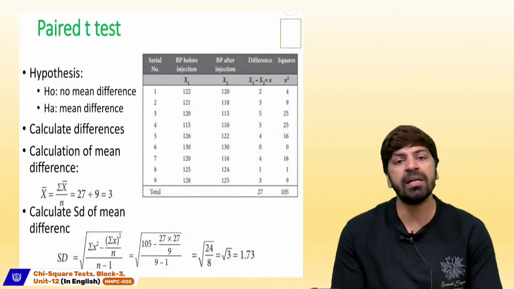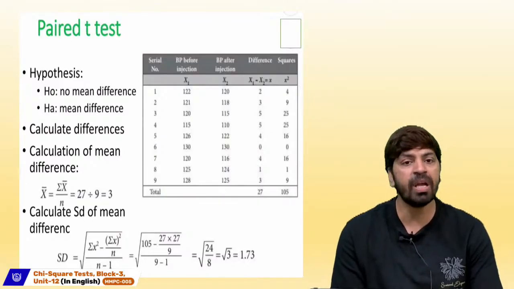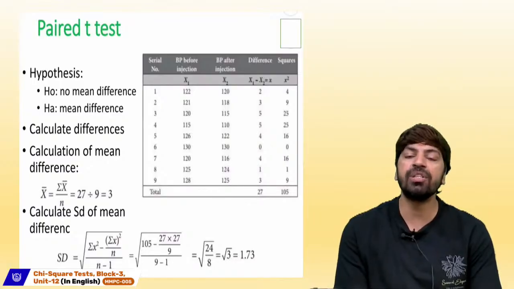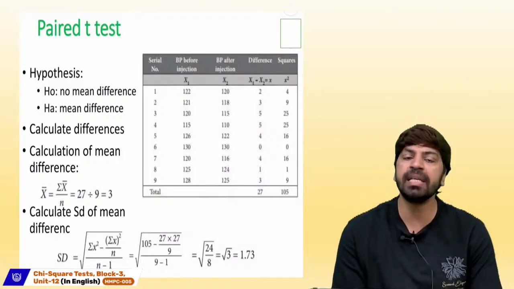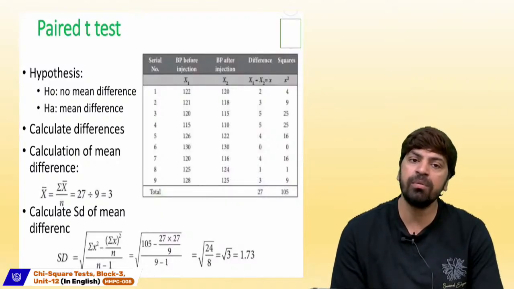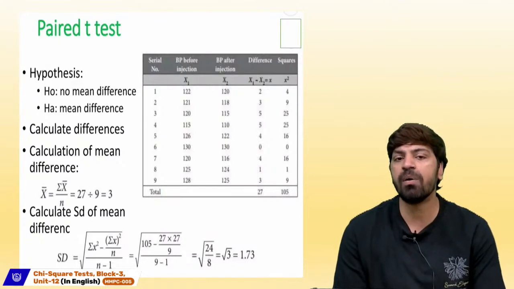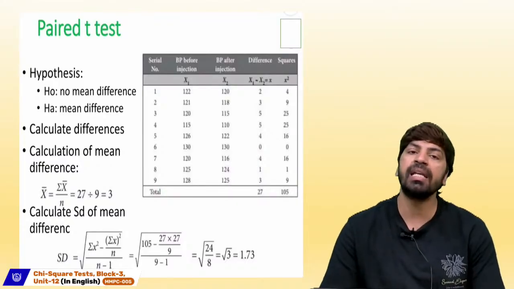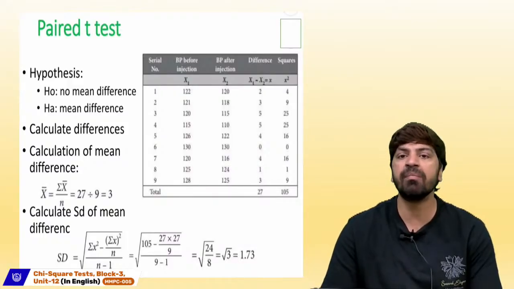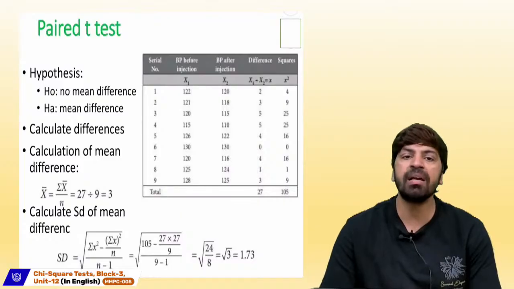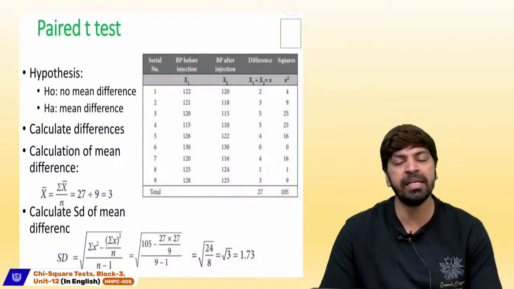Now the next task is to calculate the standard deviation of the mean difference. How to calculate the standard deviation in the case of an individual series? It is the square root of sigma x squared minus sigma x whole squared divided by n, all over n minus 1. So this is the formula of standard deviation in the case of an individual series. We have sigma x squared as 105, sigma x as 27, and n as 9.